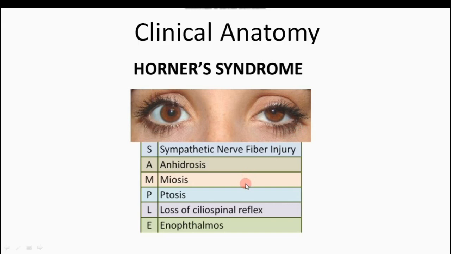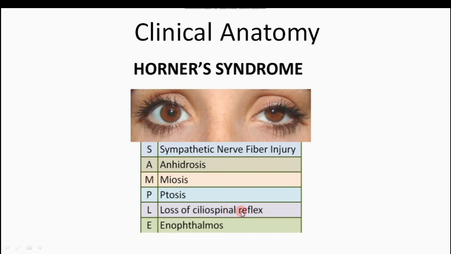Then M for miosis. Miosis is the constriction of the pupil. Clear? Then P stands for ptosis. Ptosis is the drooping of the upper eyelid. Clear?